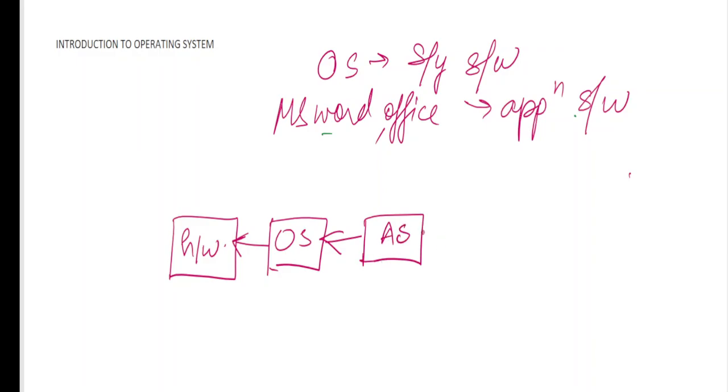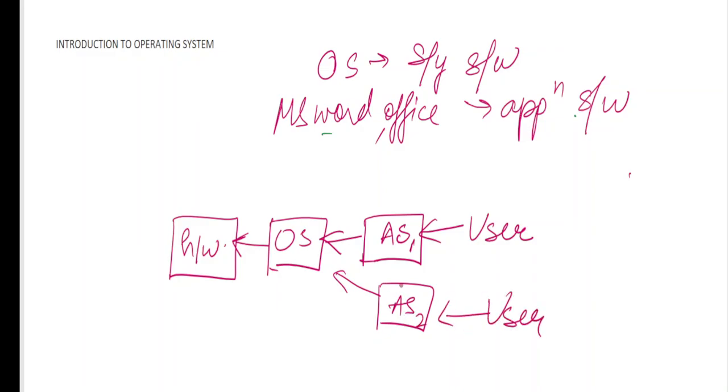The user gives commands to these application software to get tasks done. The user gives a command to the first application software, which is Microsoft Word. It also gives commands to Microsoft Excel. All these commands are given on different applications, they go to the operating system, and the operating system handles those commands and passes them to the CPU.